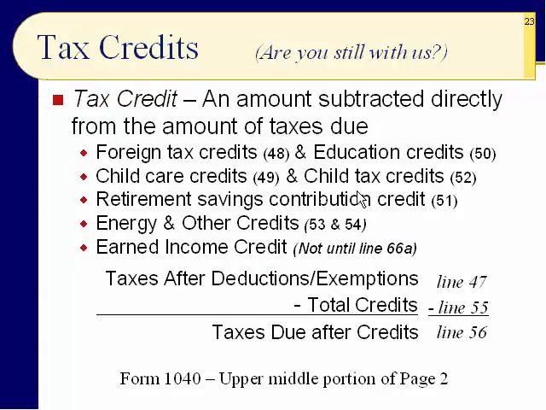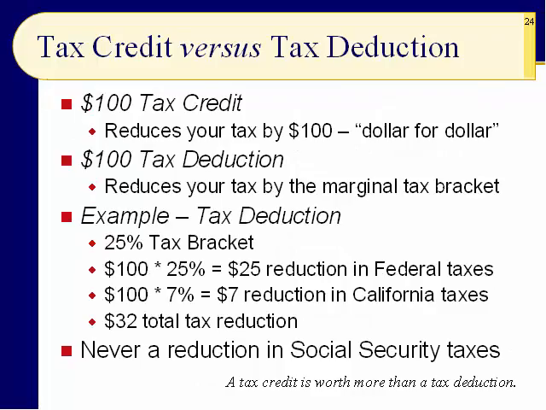Okay. So we take all our tax credits, total them up, and then reduce our taxes dollar for dollar. Do we like tax credits? Yes, we do. Because a tax credit reduces your taxes by whatever the tax credit is, dollar for dollar. Whereas a tax deduction only reduces your tax by the marginal tax rate.